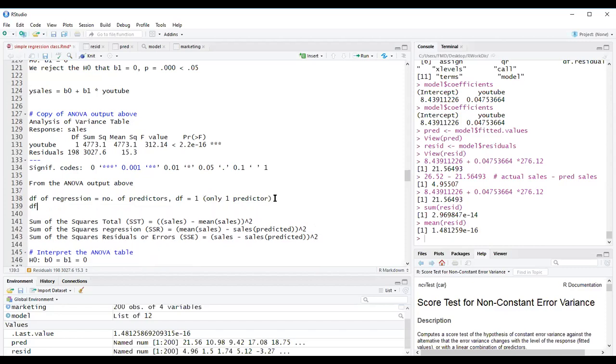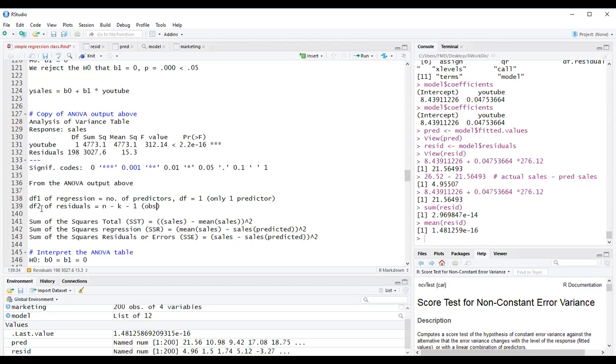Okay, there's another degree of freedom na kailangan natin. Degree of freedom 2 of residuals. And it's equal to n minus k minus 1.